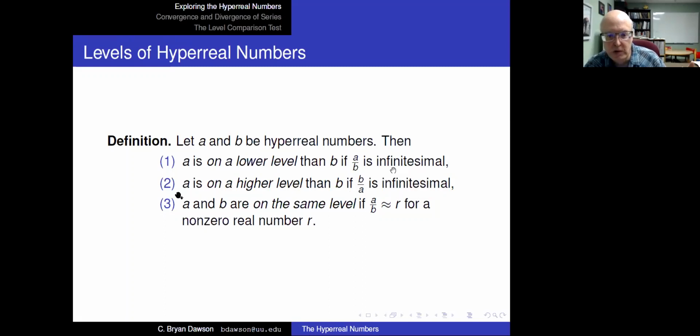But you can reverse it. If A is on a higher level than B, then B over A would be infinitesimal. Or you could say that A over B is infinite. Or they're on the same level if it's approximately a real number when you take the quotient.